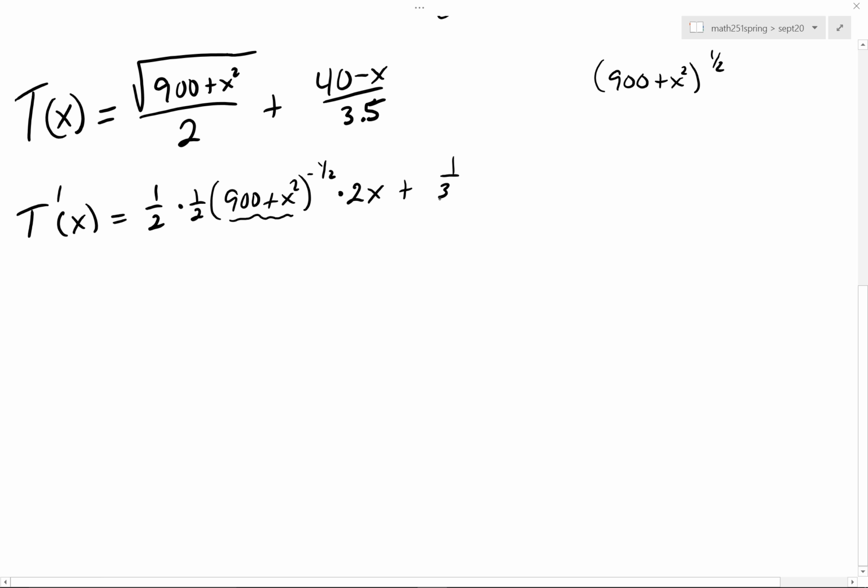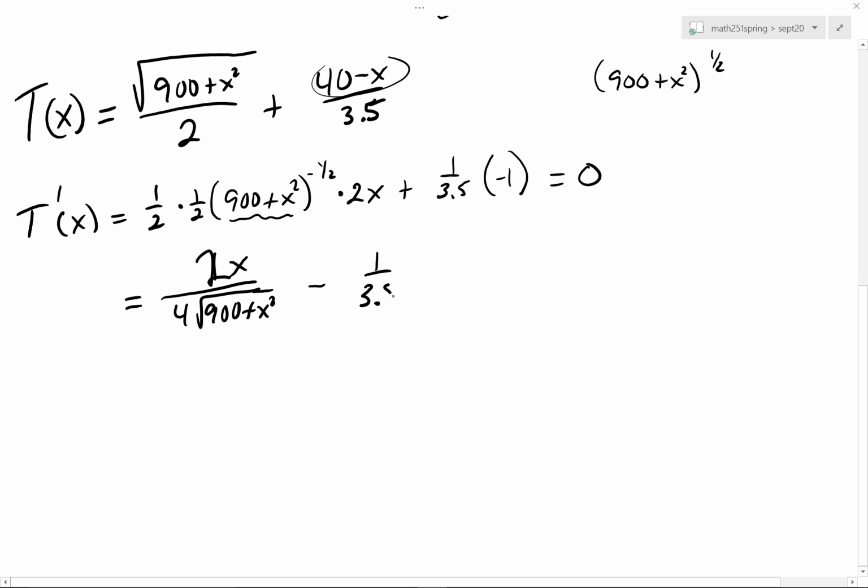Plus, I'm just going to write this 1 over 3.5 out front. And then what's the derivative of 40 minus x? Why, it's negative 1. And once again, as always, set it to 0. So I'm going to get 2x over 4 square root of 900 plus x squared minus 1 over 3.5 equals 0.